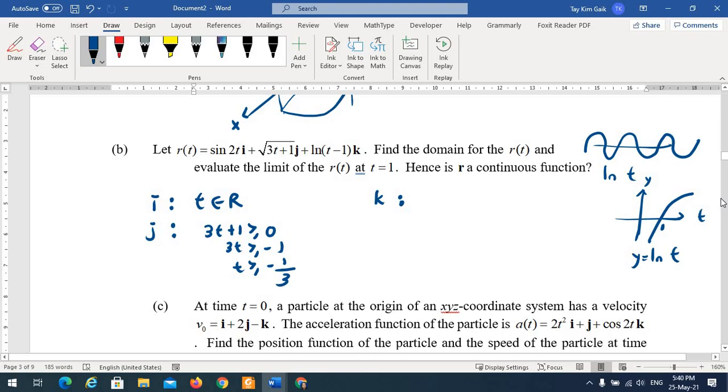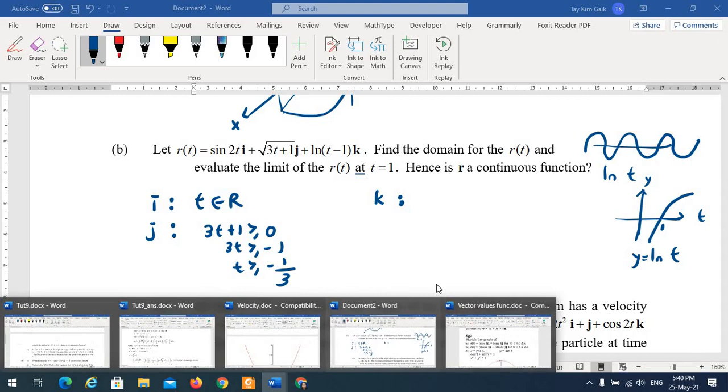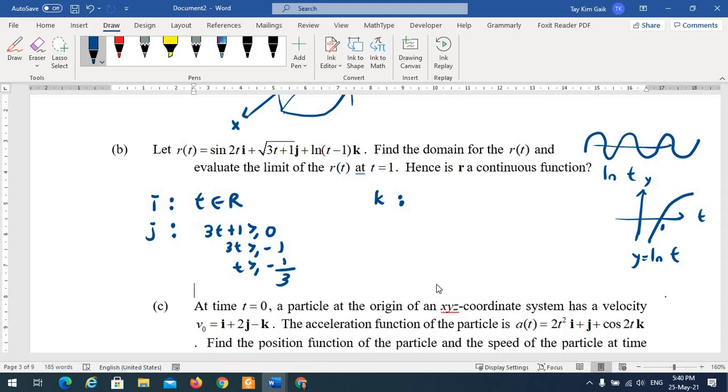As I said, your basics are not strong at all. Yesterday we went through this, but nobody asked. For the ln function, you have to set t minus 1 greater than 0, because from the graph of y equals ln t, ln 1 is 0 and ln 0 is undefined. So for ln t minus 1, set t minus 1 greater than 0, or t greater than 1.